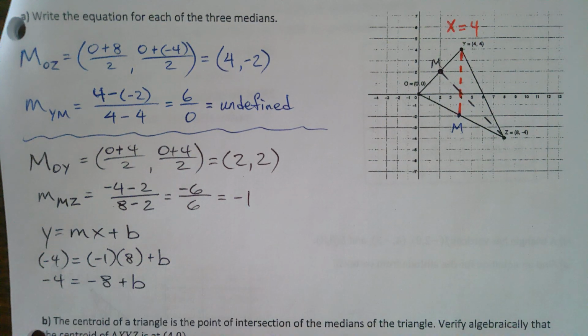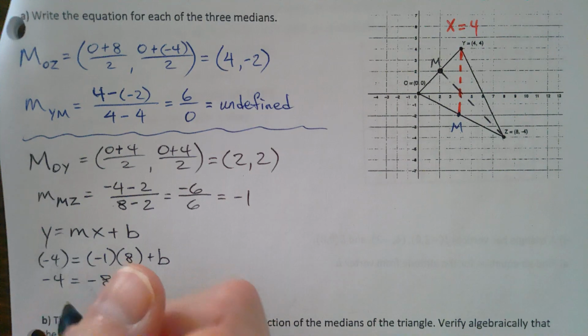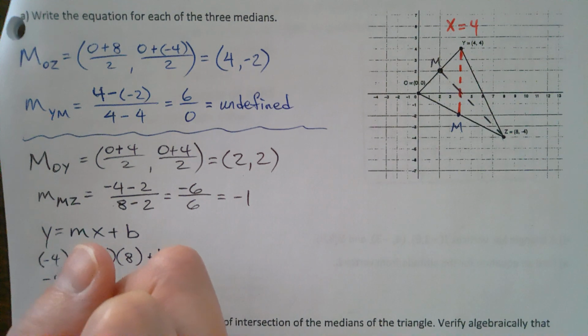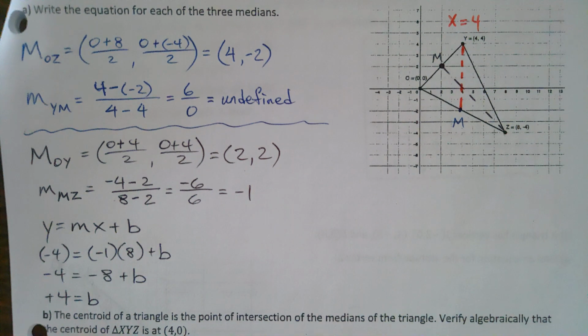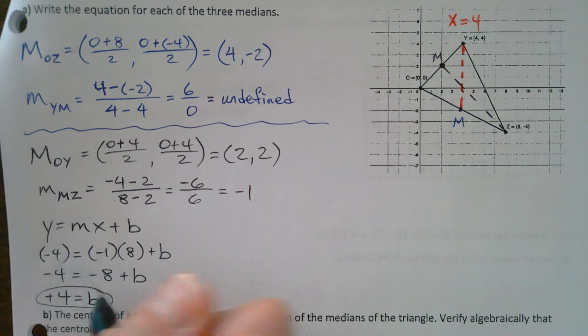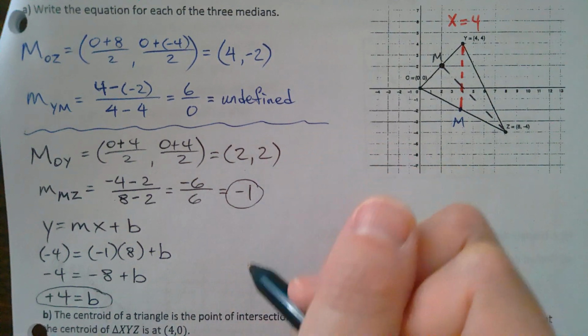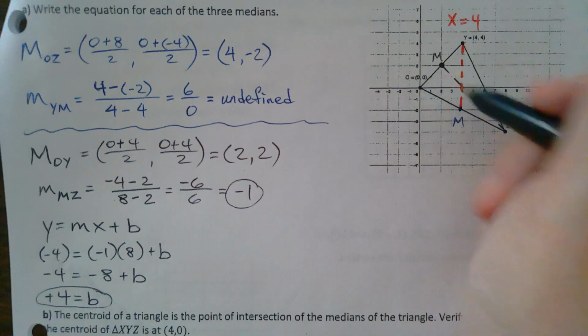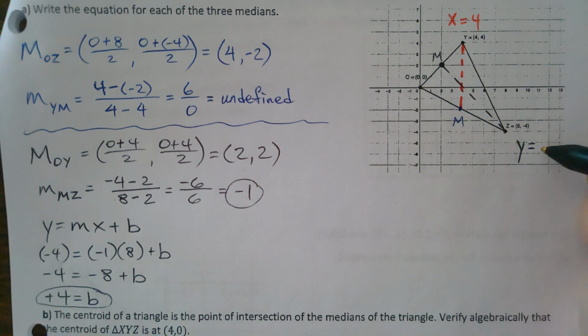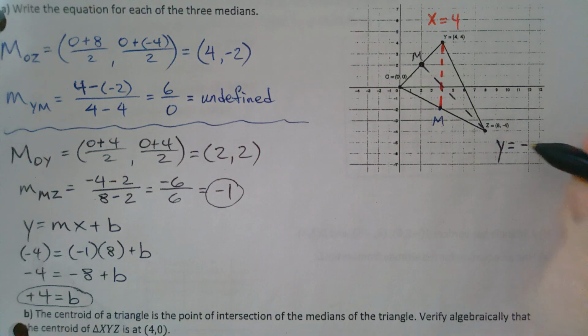When I move this over, -4 plus 8 gives me 4. Okay, I know what b is, I know what m is. So therefore, the equation of this black line would be y equals -1x plus 4.